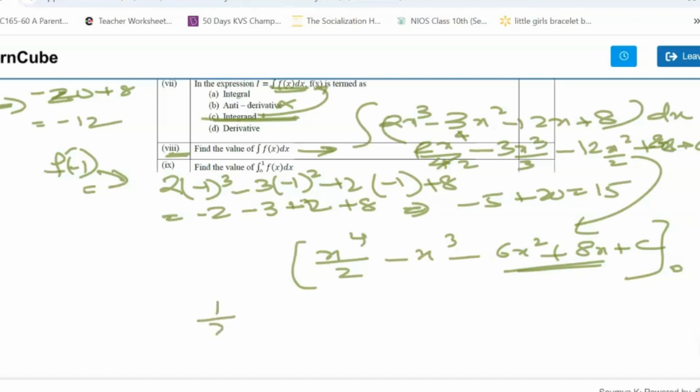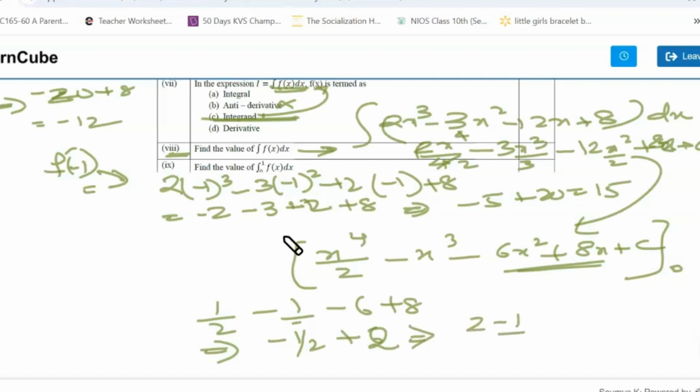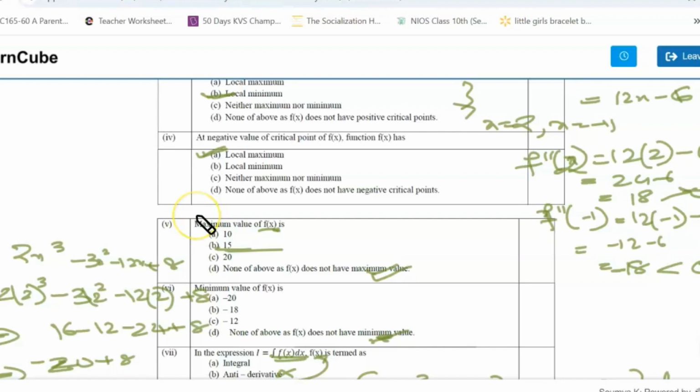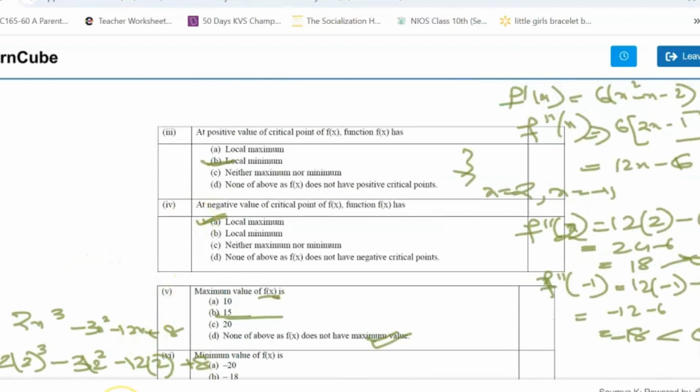So just substitute it as 1 by 2 minus 1 by 1 minus 6 plus 8, that gives 2 minus 1 by 2, which is 3 by 2. That will be the final answer for your 9th question. Hope you understood how to do these different questions. Looks difficult, but it's simpler.